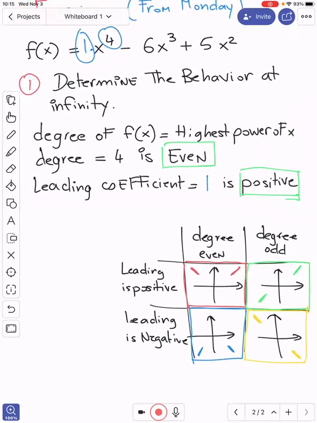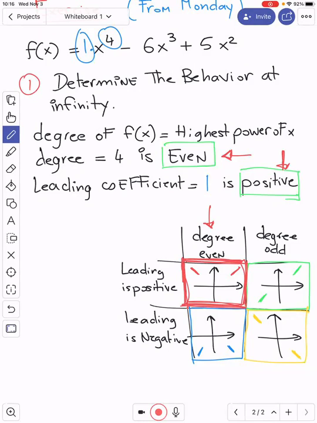So now we said the degree of our f is even, so we are in this column, right? And the leading coefficient is positive, so that will be the first case, this case here. So this would be the answer, because this is when the degree is even and the leading coefficient is positive.